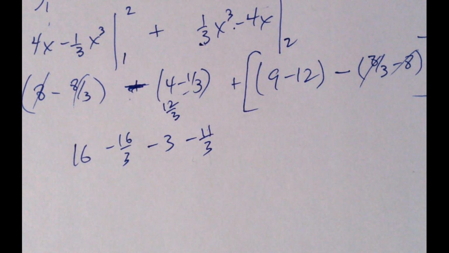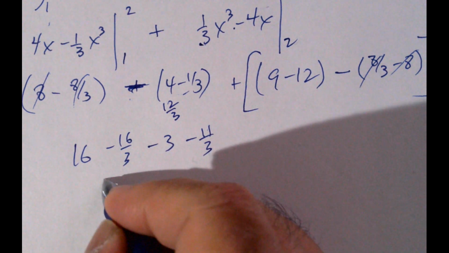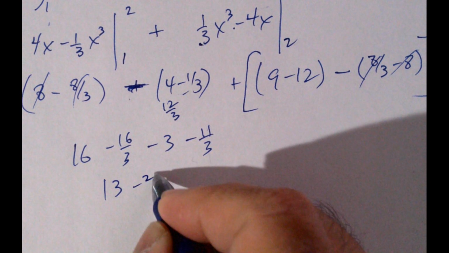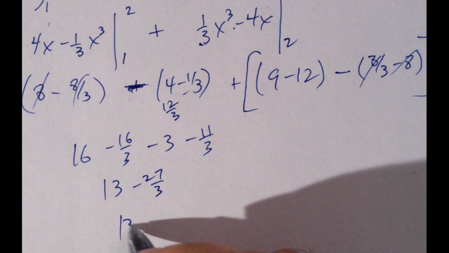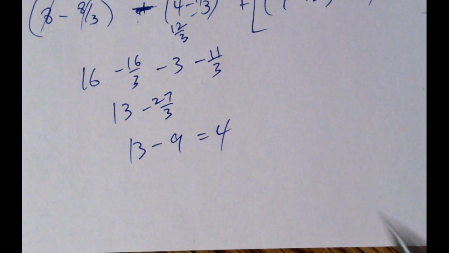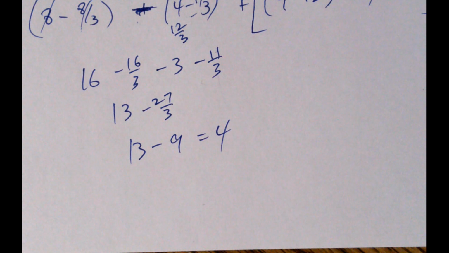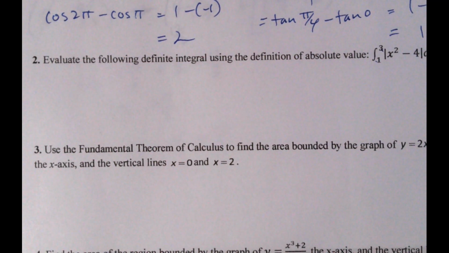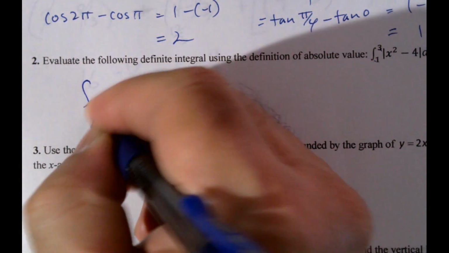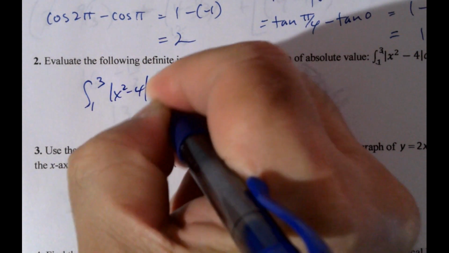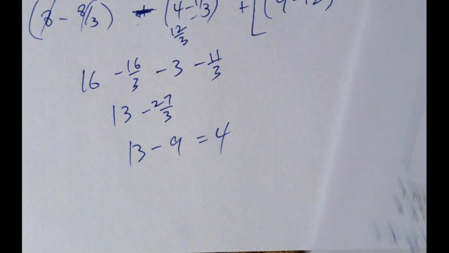Okay. 16 minus 3 is 13. Negative 16 minus 11 is negative 27/3. So that's 13 minus 9, which is 4. Woo, okay. That's that one. So the answer to number 2 on here, 1 to 3, I just found to be 4.